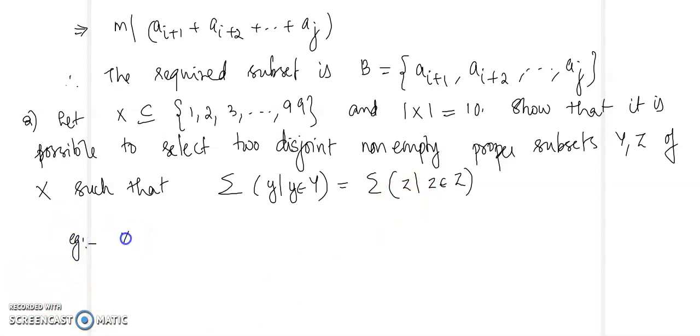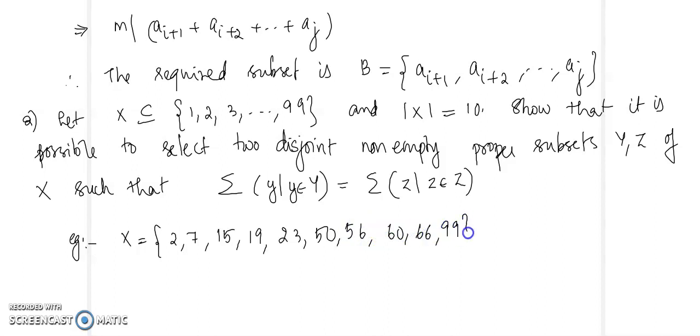if you have a set X of cardinality 10, say 2, 7, 15, 19, 23, 50, 56, 60, 66, 99. So this is a set which contains 10 elements.